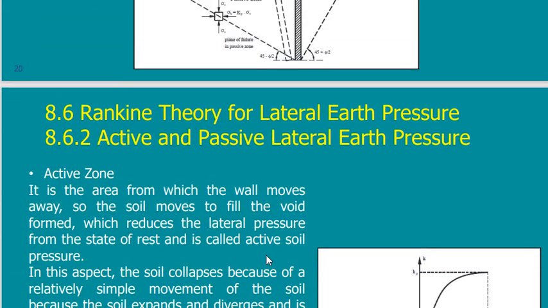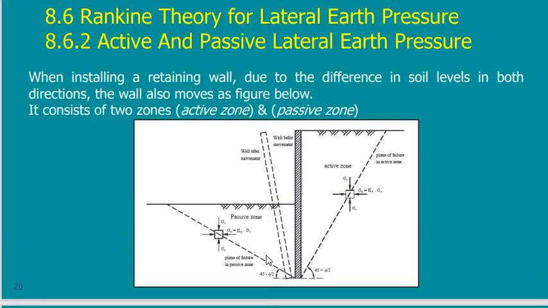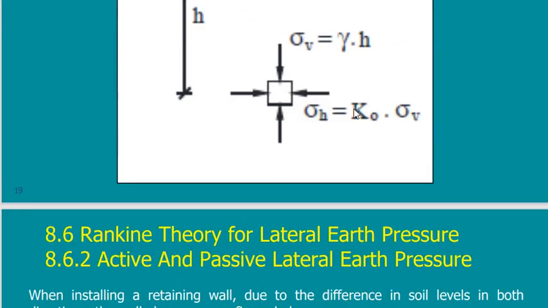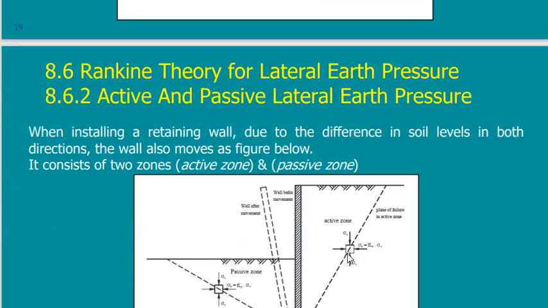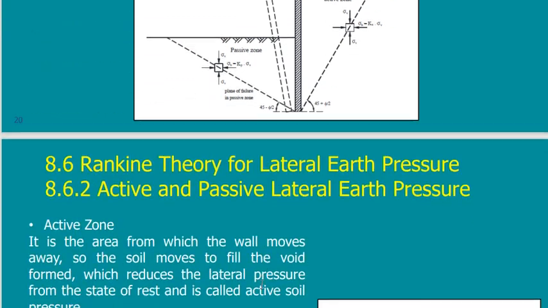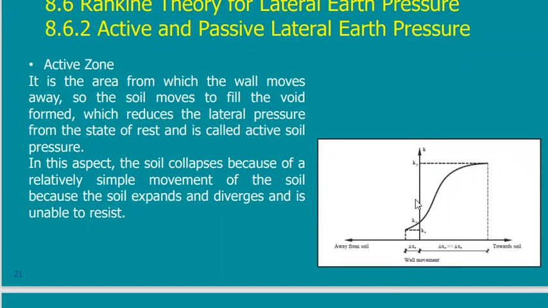Just to understand the difference between K active and K passive, I understood here what is K naught. K naught is something at rest, but I have here K active and K passive. Which is bigger, and how much is it bigger? This chart is just for indication.